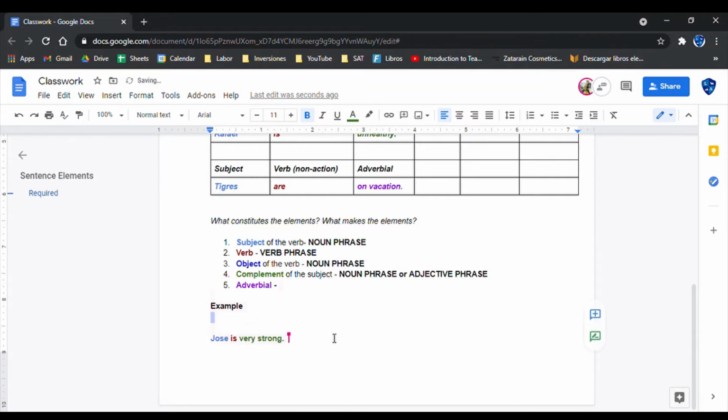So here, if we analyze what we have, we have a subject plus a verb plus an adjective phrase.